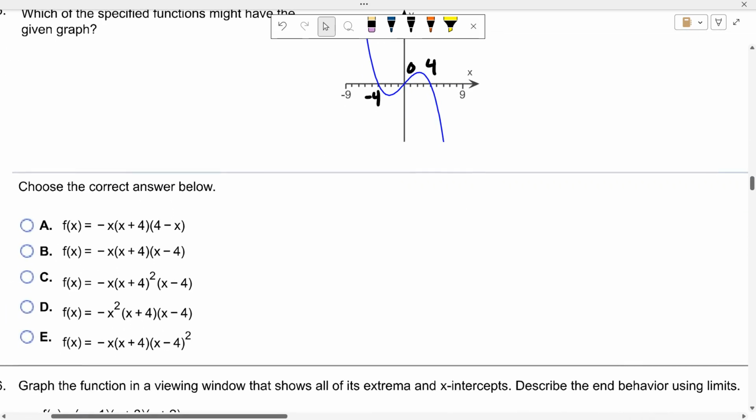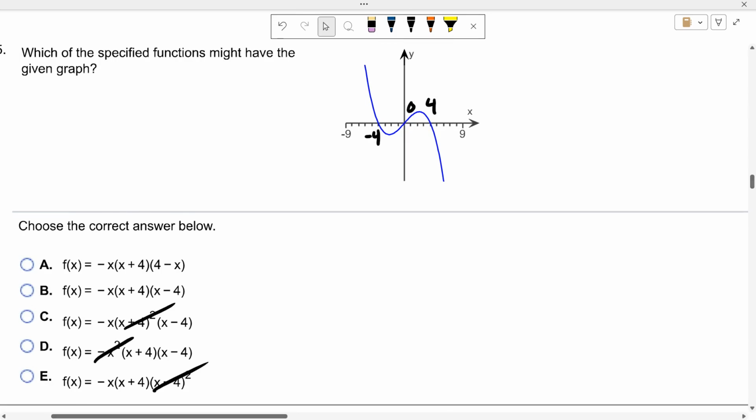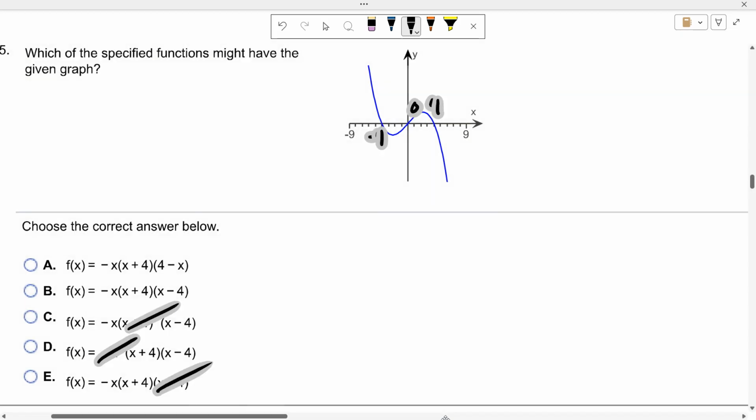So if it crosses, there's one power there. So it can't be a squared, because squares bounce. Okay? So it has a negative coefficient, so you could have negative x, but then what happens here is this one is also a negative, and negative times a negative is a positive, so it would be positive here, so that's why it can't be that one, and it has to be that one.